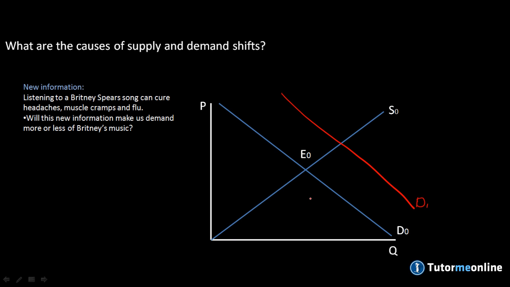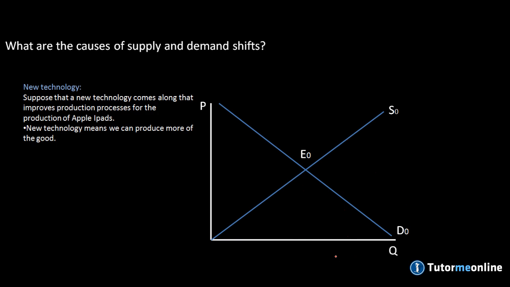So we label it, new point D1, indicate with our arrow it changed, put on our new equilibrium, and we can see that our quantity is now Q1, and the original quantity was Q0, which shows us that we are now demanding more of Britney's music because of the new information.